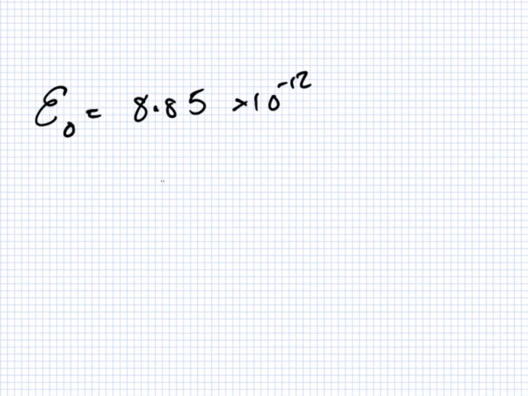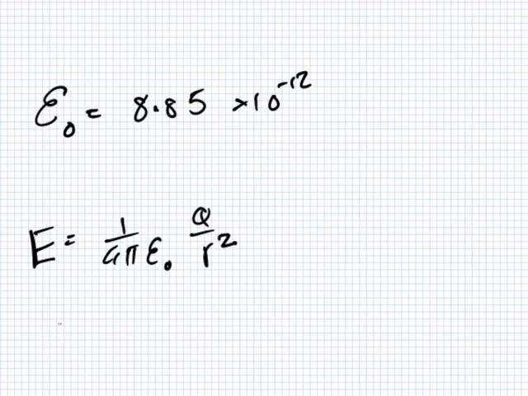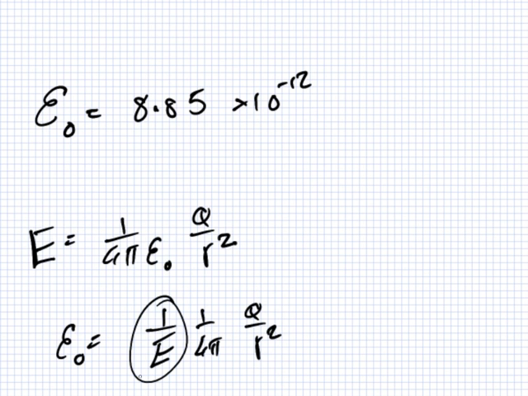And we can work out the units, because the formula is E equals 1 over 4 pi epsilon 0 Q over r squared. So you have epsilon 0 equals 1 over E, 1 over 4 pi, Q over r squared. So what's the units for E? Newtons per coulomb. So what's the units for 1 over E?